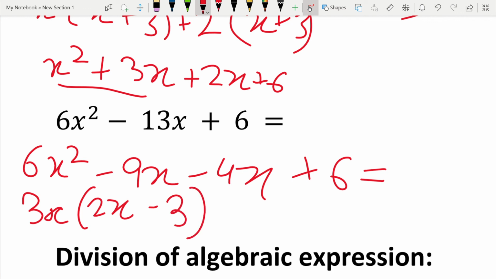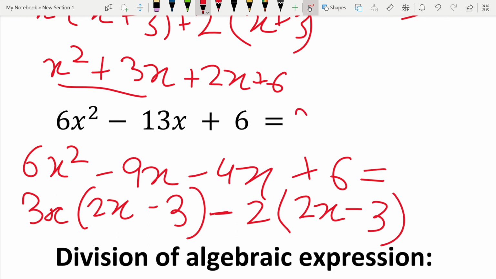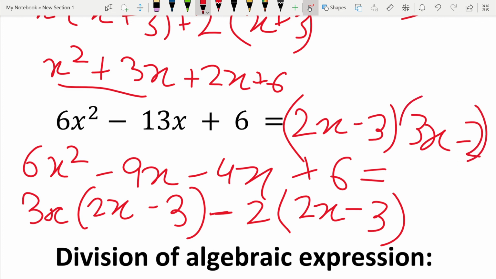Then we've got, let's put minus so that the sign changes inside. What is common in these? We've got 2 common, and we've got 2x left, and minus 3 because the sign changed. So we've got (2x minus 3) and (3x minus 2).